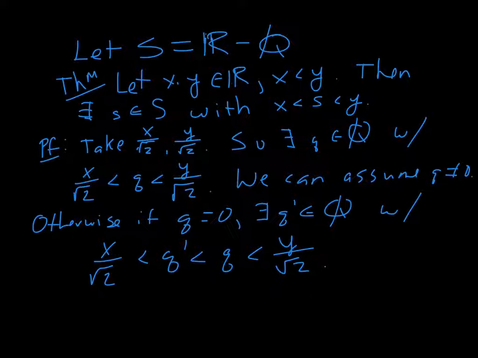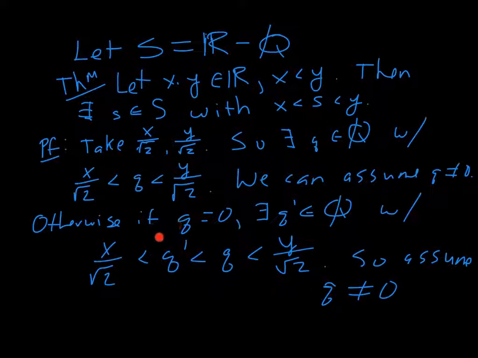So just assume that q is not 0. Because if it is 0, I can find another rational number that I'll use called q prime, and everything would work the same. So we can assume, without losing any generality, that q is not equal to 0. And then we can proceed from there.